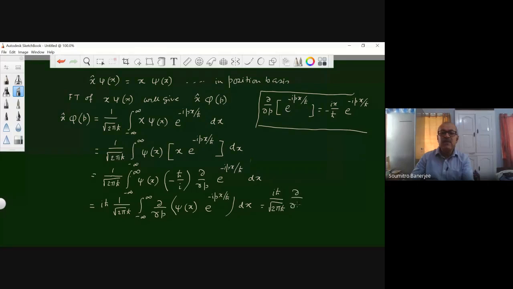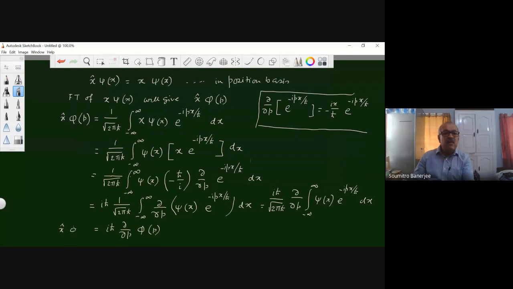So it is del p integral minus infinity to infinity psi(x) e to the power minus i p x by h cross dx, and this is something that we know. We know that this is nothing but, including this, i h cross remains from here, and it is del p of phi(p).